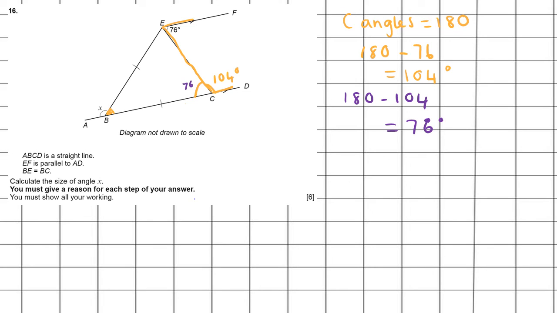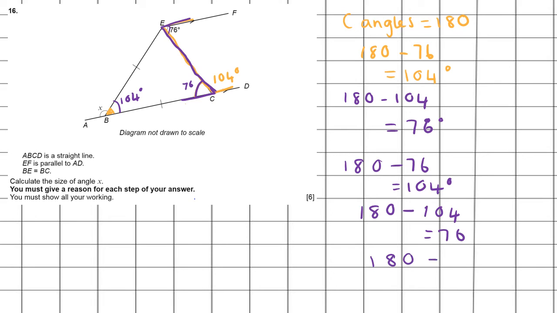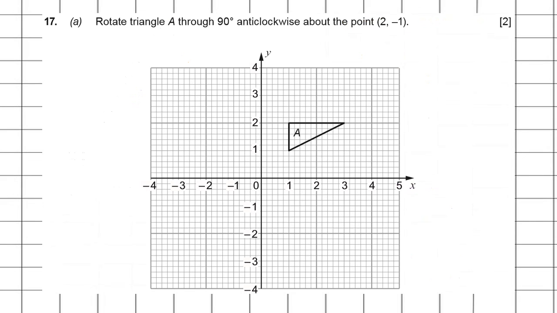I just noticed you could have used the Z angle as well, which means they are equal, which they are. 76. Okay, so straight line again, 180 take away 76 gives us 104. And straight line rule again, 180 take away 104 equals 76. So 180 take away 76 gives us 152 degrees.